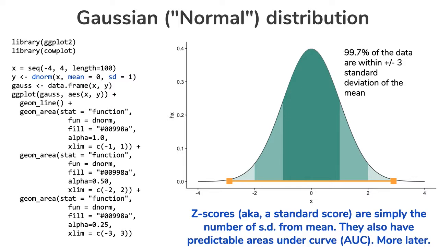Does that make sense? So z-scores are really just saying, I don't really care what the parameters of the Gaussian distribution are, but if you know the z-score, you can compute the probability. Okay? And we're going to come back to how z-scores are useful in QQ plots in a little bit.